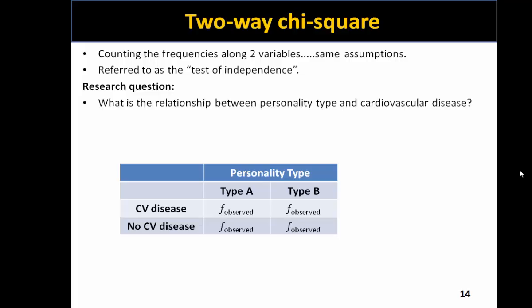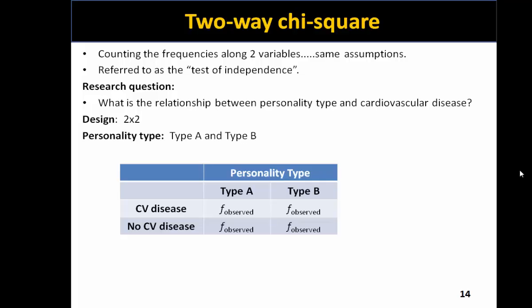In this example, we're going to pose the research question of whether there is a relationship between personality type and cardiovascular disease. This is what's called a 2-by-2 design, in which there are two independent variables, but there are two levels or two categories within each of the two independent variables.